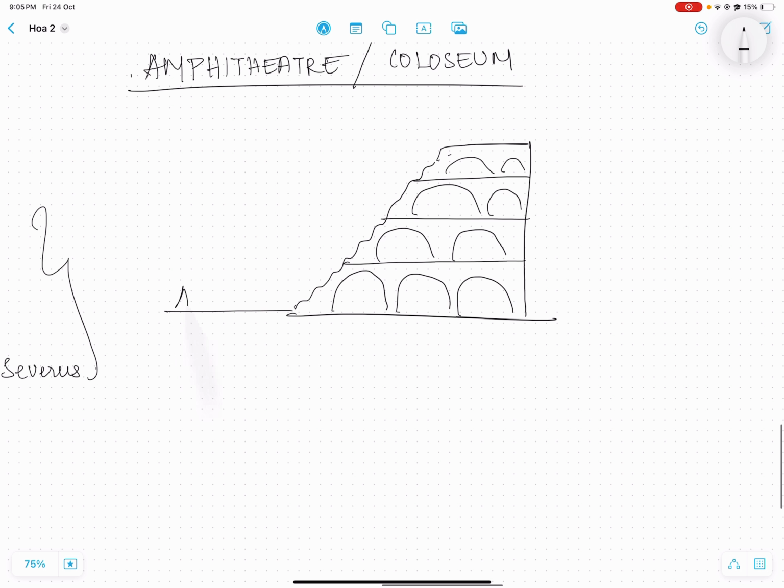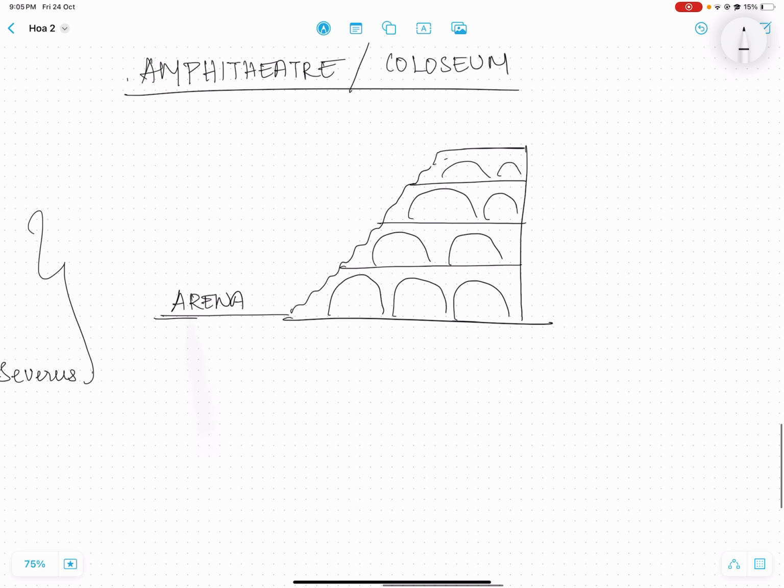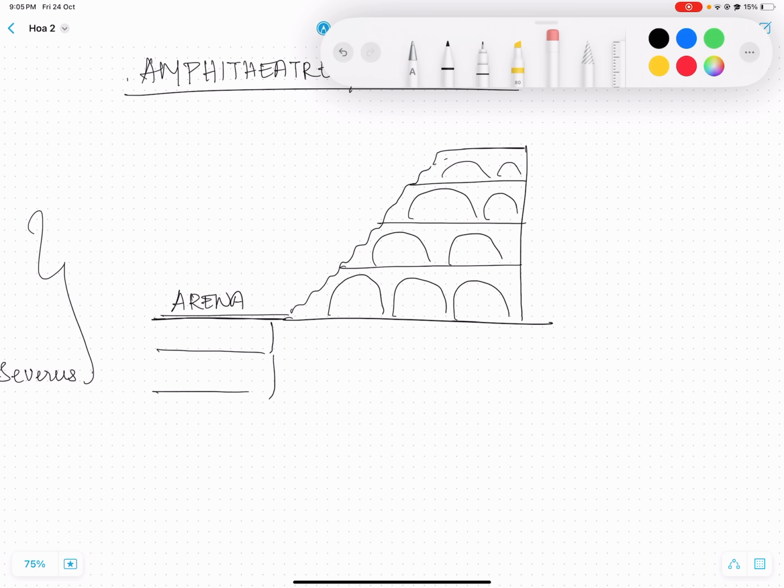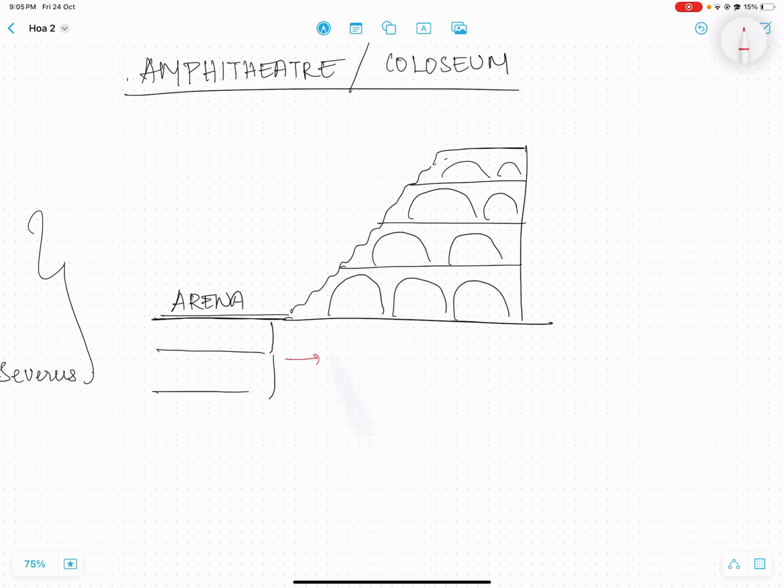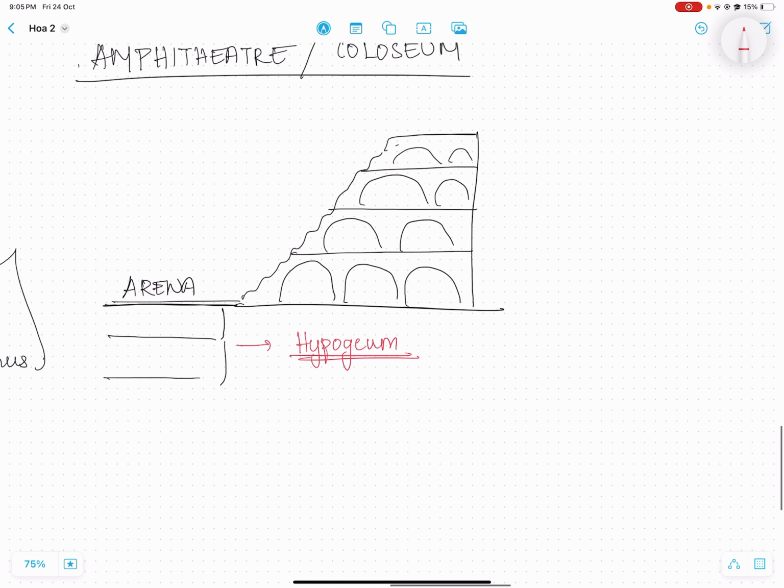So this is your arena where everything basically takes place, and just below this arena they had a two-story place called the hypogeum. This hypogeum is an intricate web of cages and machinery that held vicious animals and gladiators, etc. So this is the hypogeum, just below the arena.